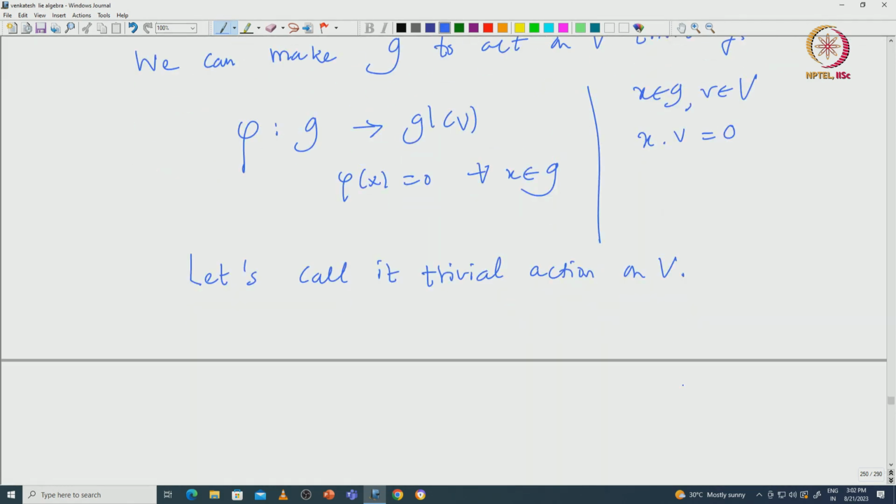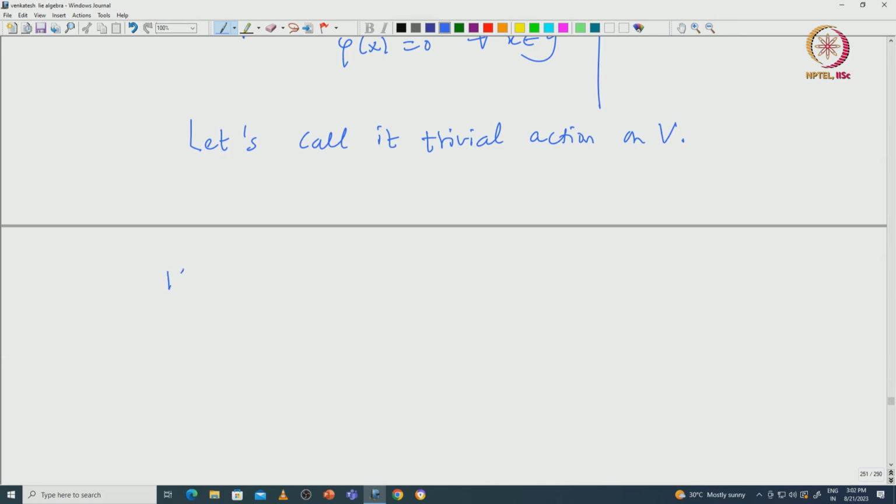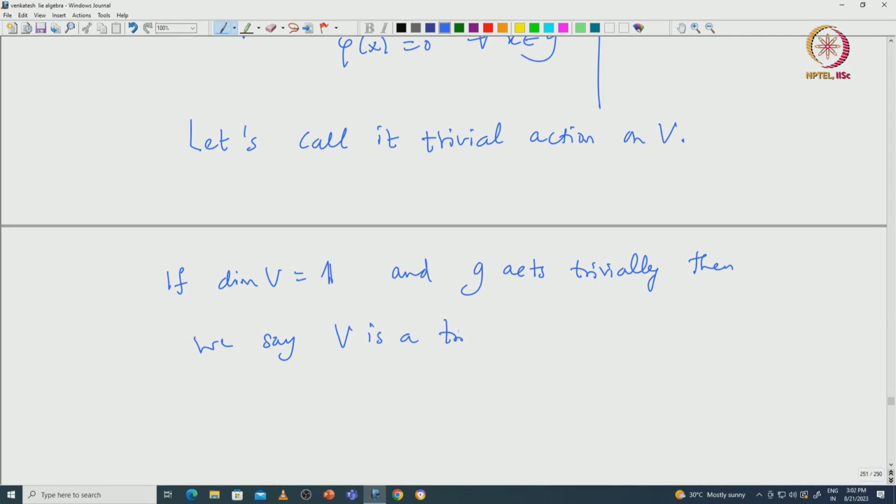We say something is a trivial representation if the dimension of V is one dimensional. If the dimension of V is one and G acts trivially, then we say V is a trivial representation.